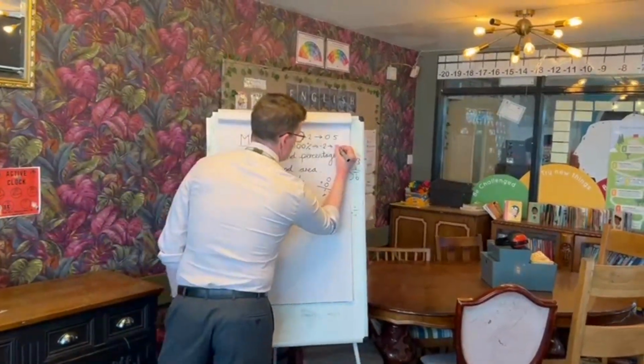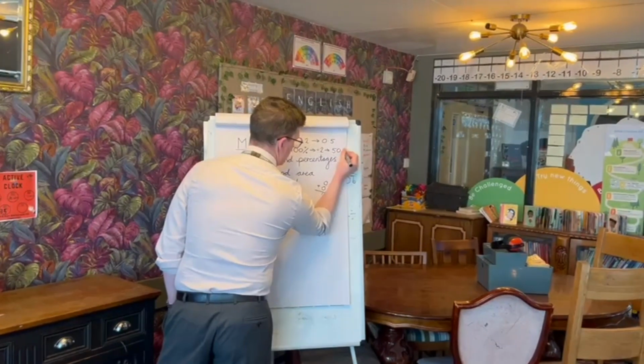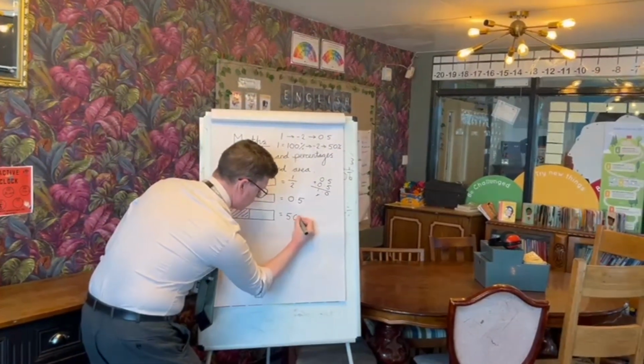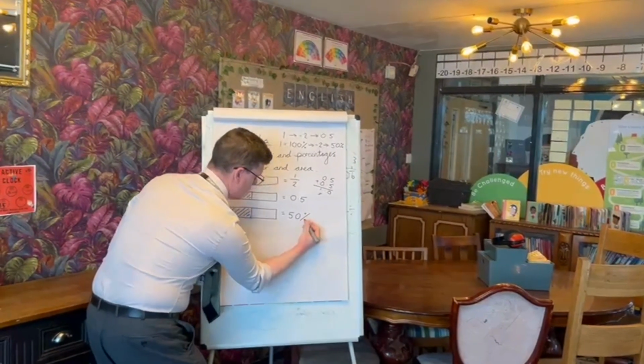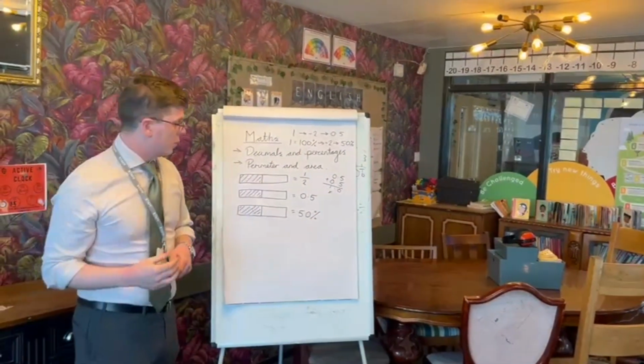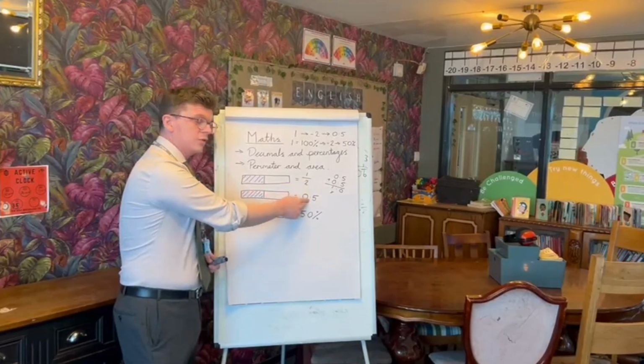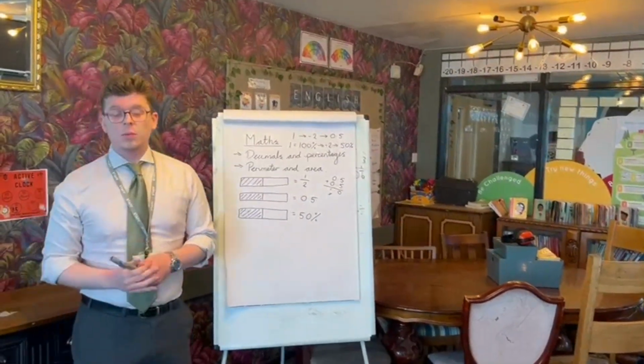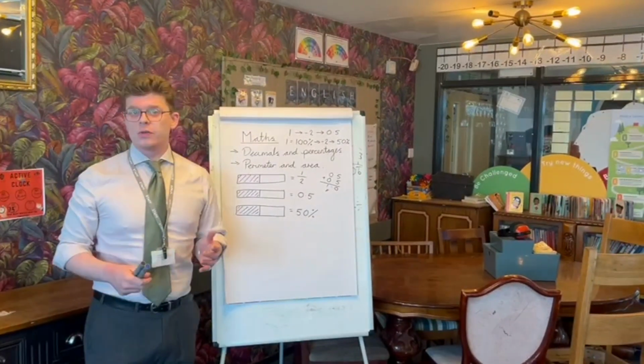So it would be 50%. This has proven that 1/2 is equal to 0.5, which is equal to 50%. We'll be doing lots more work on this over this half term.